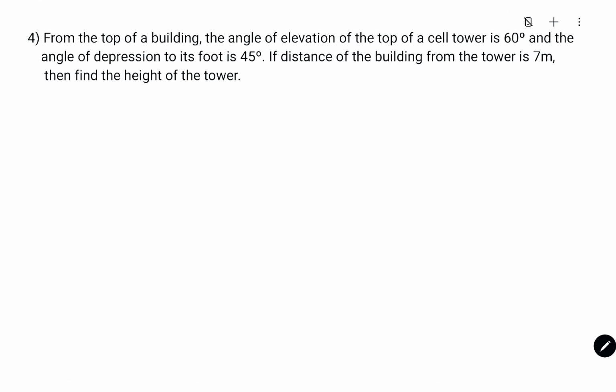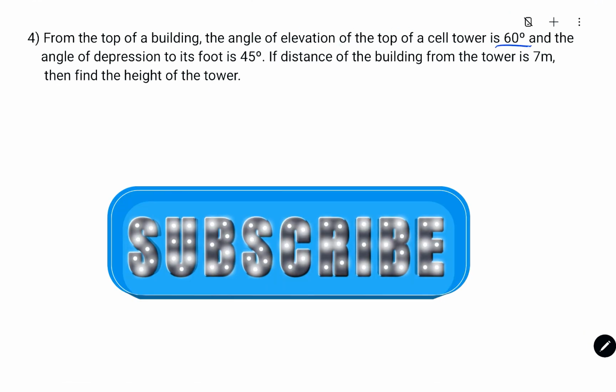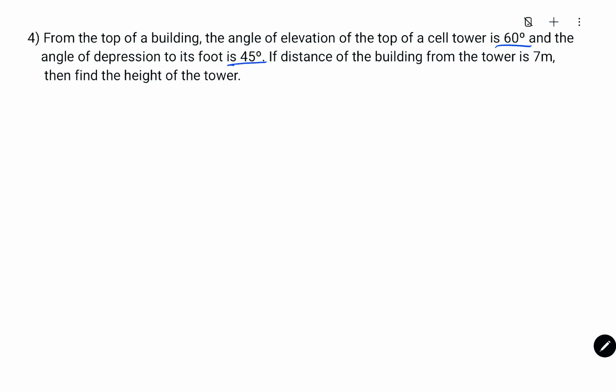Fourth question. From the top of a building, the angle of elevation of the top of a cell tower is 60 degrees and the angle of depression to its foot is 45 degrees. If the distance of the building from the tower is 7 meters, then find the height of the tower. Draw a figure from the given question. Draw two vertical lines.